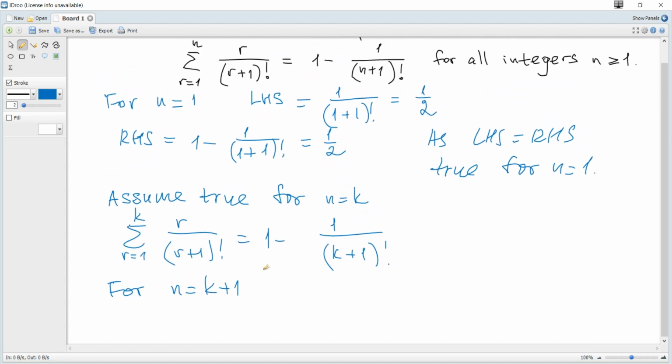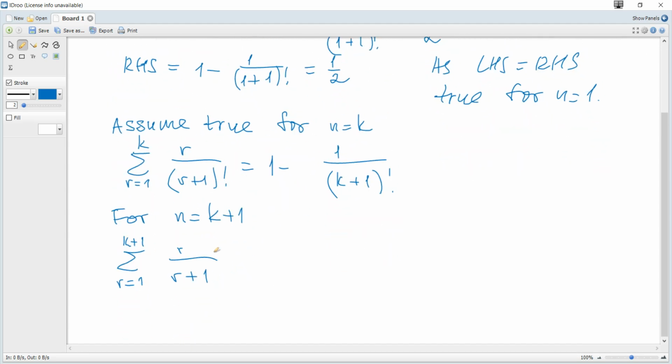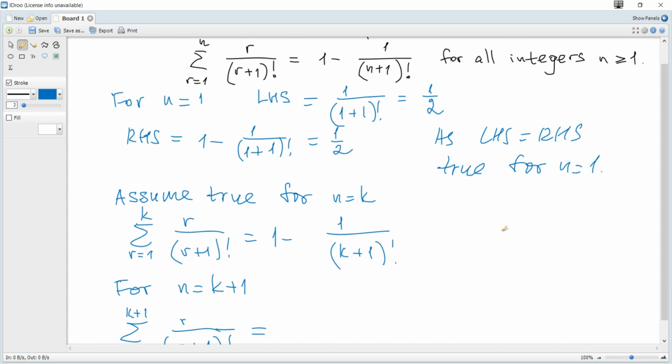The left hand side becomes sum for r from 1 to k plus 1, r over r plus 1 factorial is equal to, we should do some transformations, simplifications, and our aim is to get finally that it is equal to the right hand side when n is k plus 1.